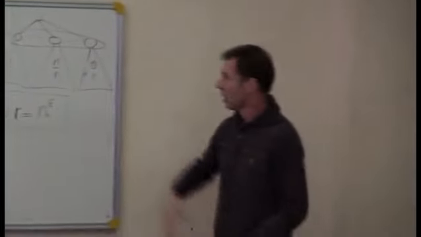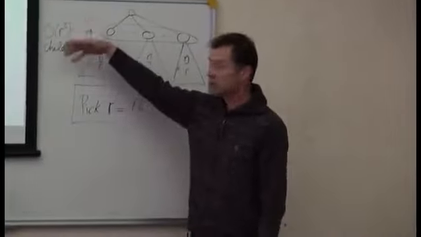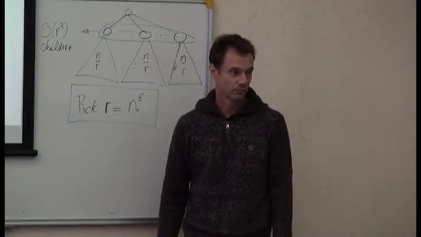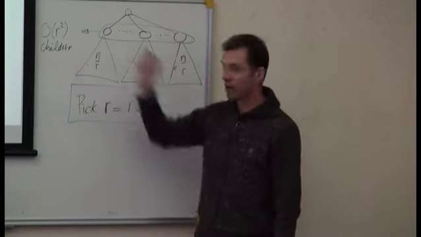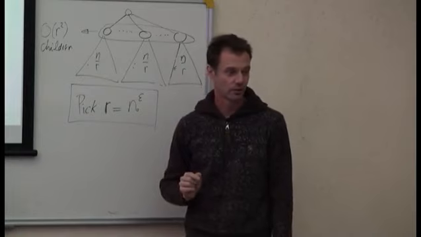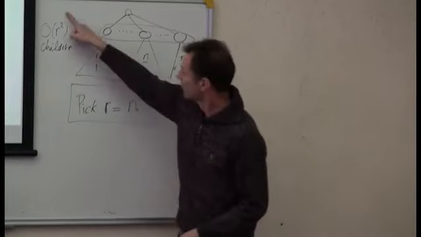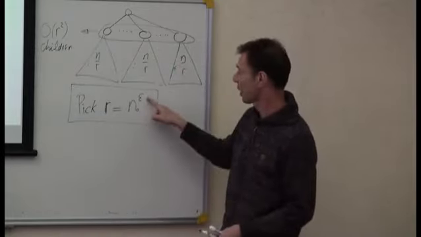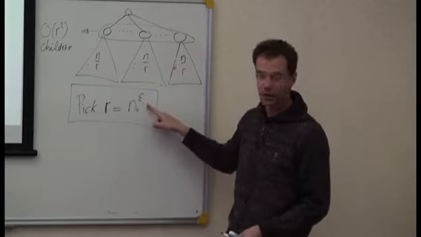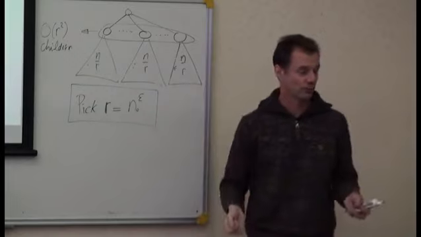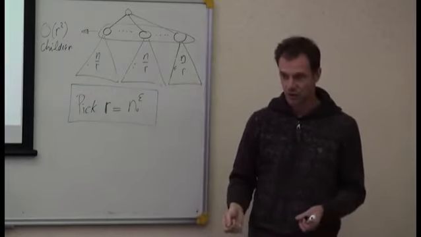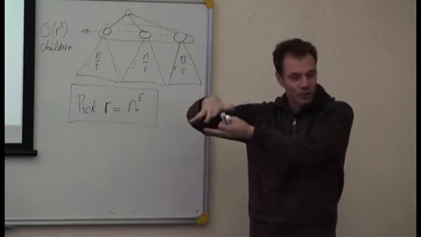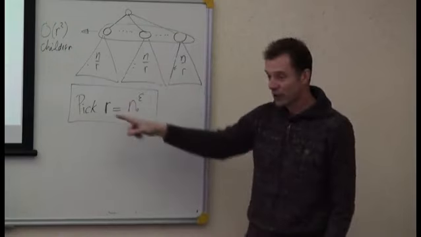So I said, well, R is a constant, so just check each of the children whether you have to go to that node. But now R is not a constant anymore. So if I'm going to check all of them, and I have n to the power epsilon children, then I spend n to the power 2 epsilon time. So what I win by having only a constant number of levels is completely gone because of this.